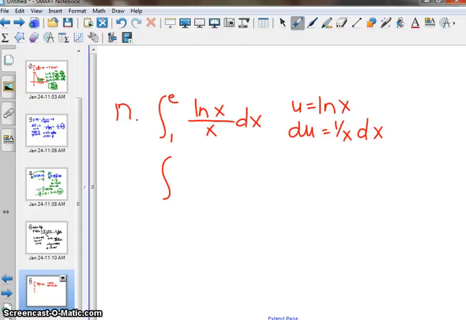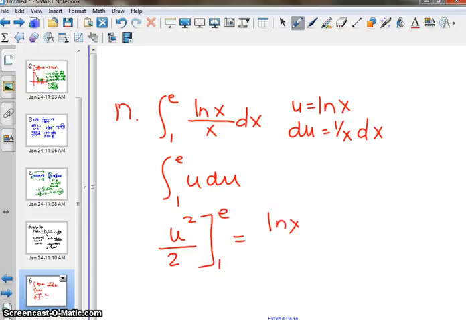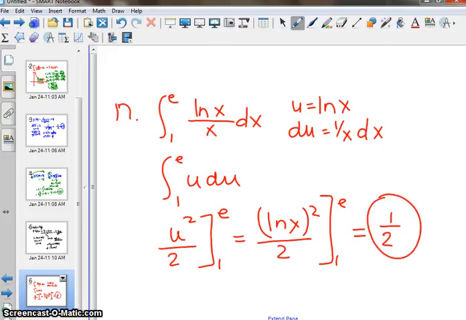So this is the integral of u du, which is u squared over 2 from 1 to e. Substitute your u back in. And natural log of e is 1, so that is 1/2. Plug in 1 and you get 0. So my answer is 1/2, which is C.